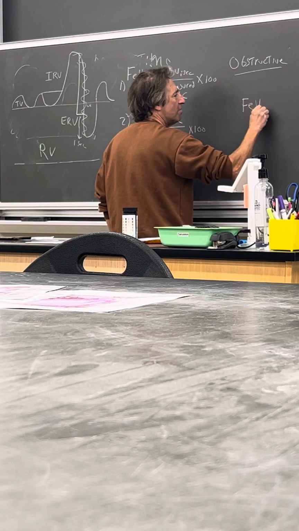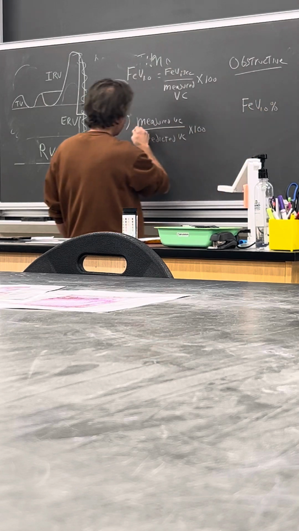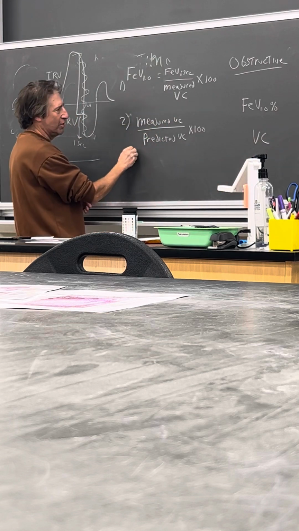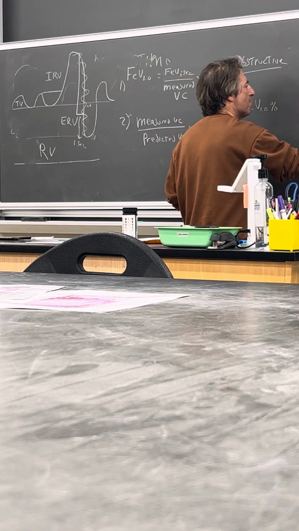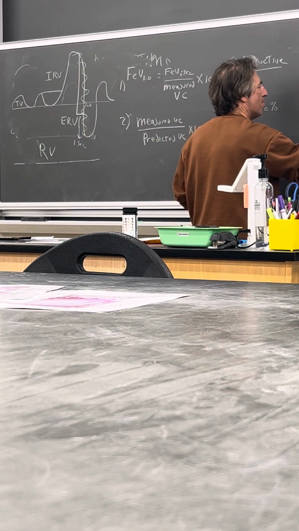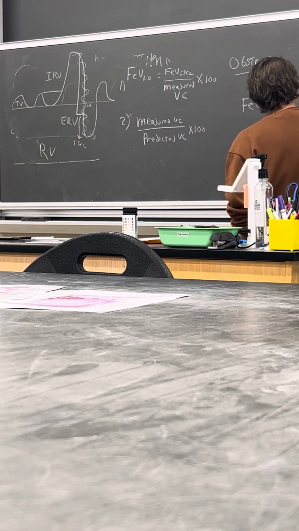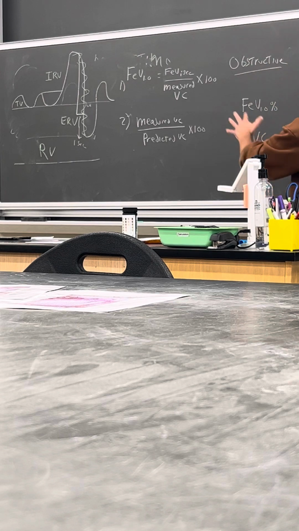So FEV 1.0 percentage versus vital capacity. This is equation 2. That's equation 1. Let's write them both. And here's our vital capacity compared to predicted. Those are the two equations.